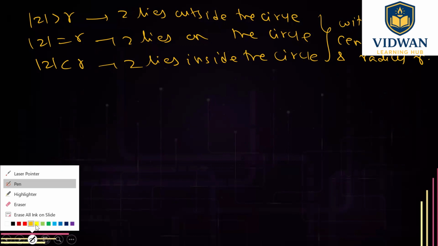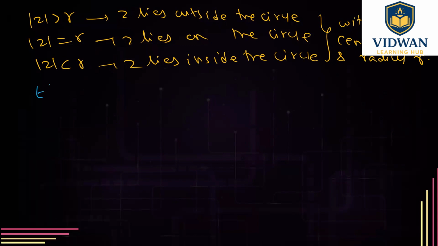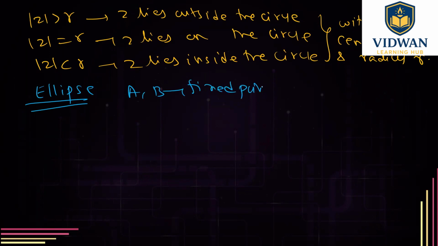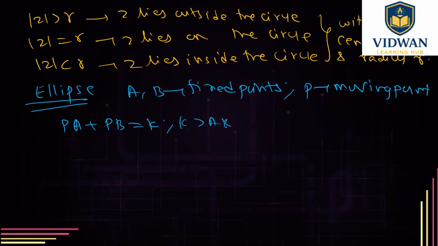Now coming to the concept of ellipse. Generally, the definition of an ellipse is: if A and B are two fixed points and P is a moving point, and the point P moves in such a way that the sum of distances from the two fixed points is equal to some constant which is greater than the distance between them, P will trace an ellipse.